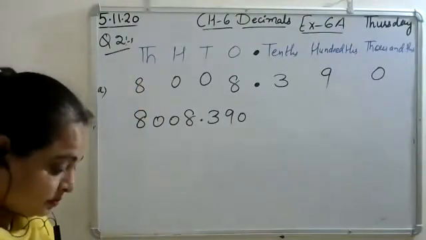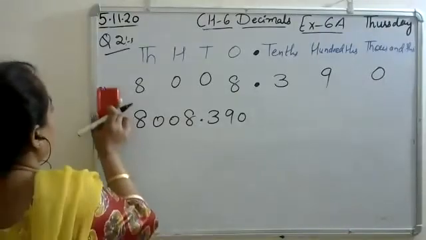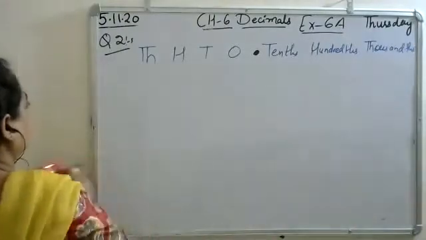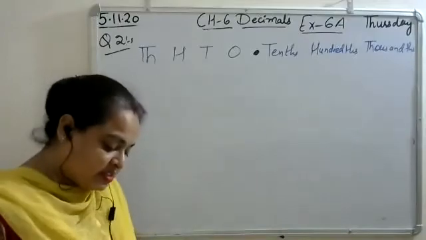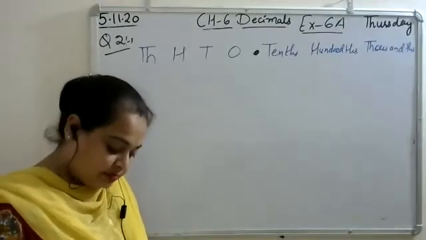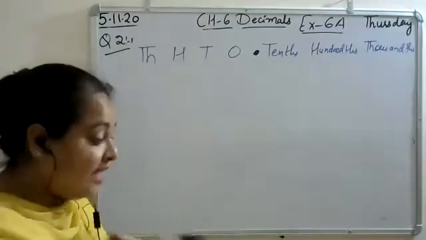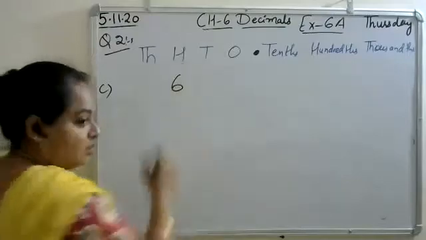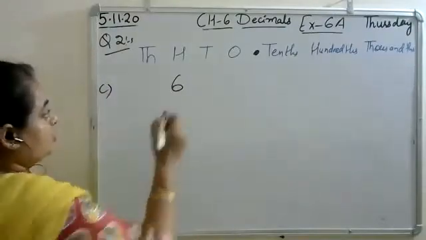Next, come to the C part. Check from your book C part. C part is 600s. 600s. S means 100, this is it. Next, 9 tens, this is.